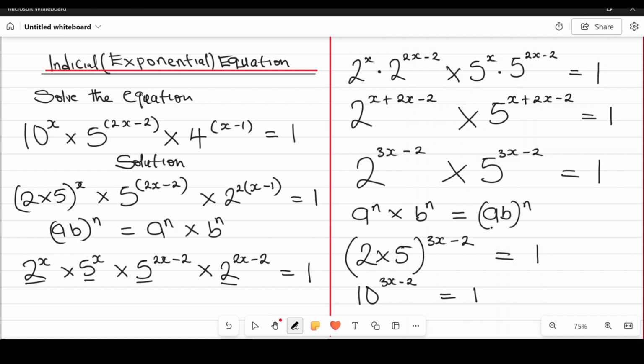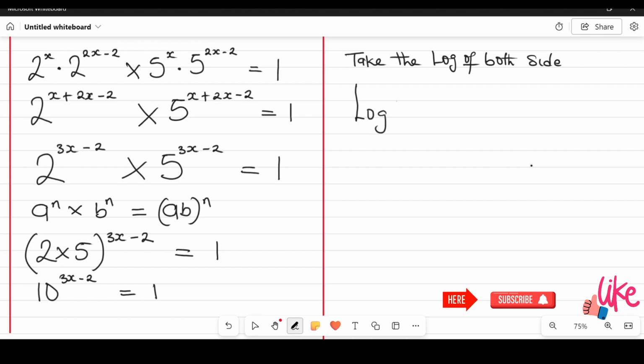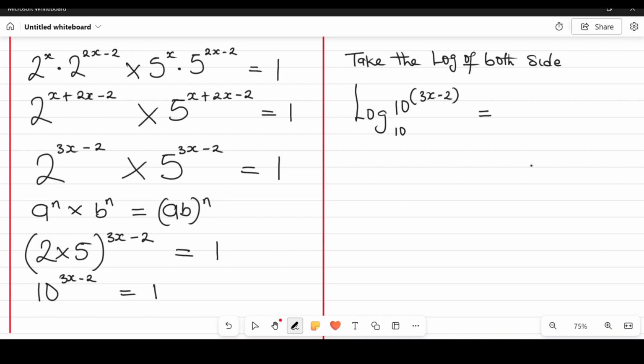Now at this point, we have to bring about our knowledge of logarithm. I have a video on logarithm which, if you watch it, you'll be able to understand what I just did here. So if we take the log of both sides, we have that log of 10 to base 10 to the power of 3x minus 2 is equal to log of 1 to base 10.